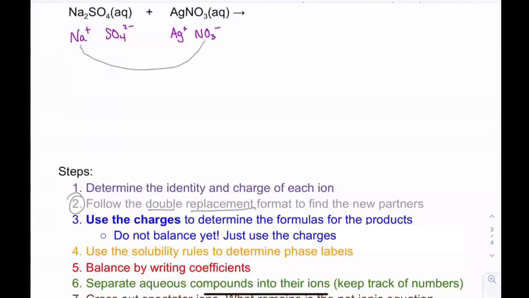There's only 1 new combination that they can make, because you can't put 2 positives together and you can't put 2 negatives together. You have to put a positive with a negative, and we're looking for a new combination, not the ones that they're already with. So the positive has to go with the negative from the other compound. So that's step 2. Just figure out who the new partners are.